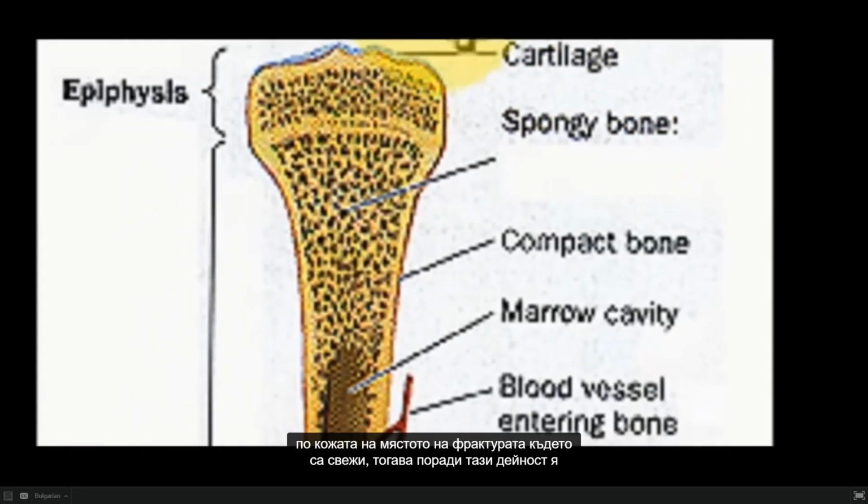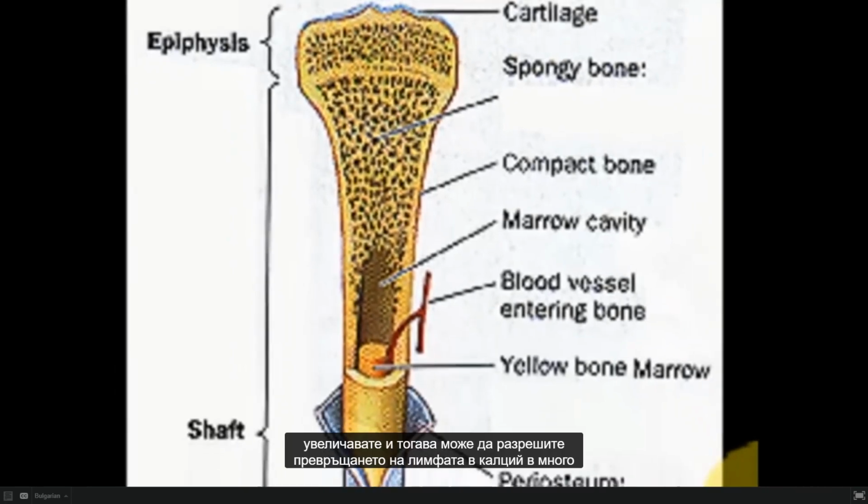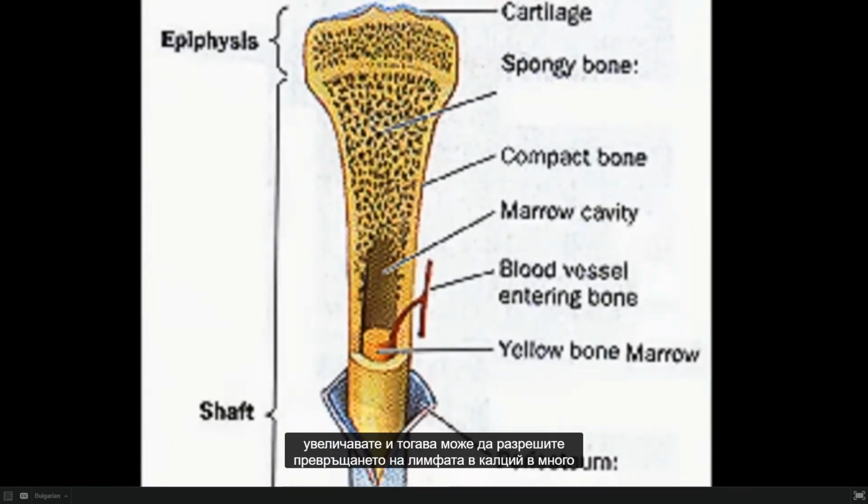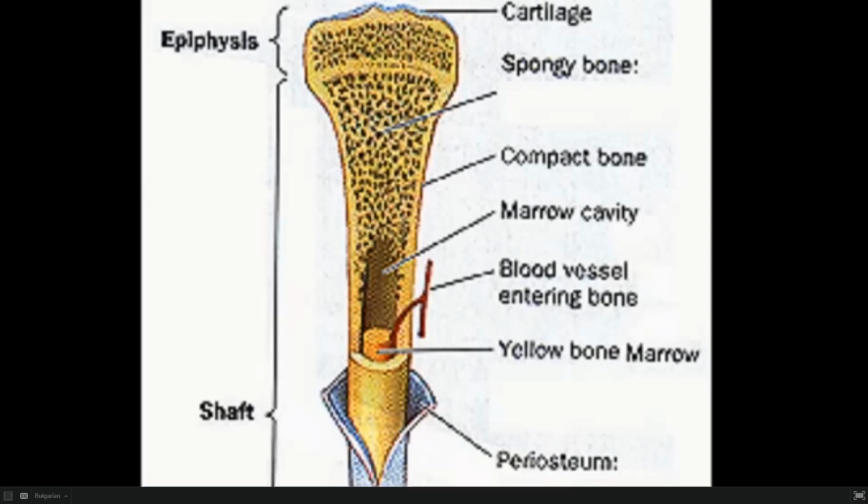Then, because of the activities, you increase it, and you can allow the conversion of the lymph into calcium in a very, very rapid way. And it uses a very, very, very low gravitational magnetic field current flow.